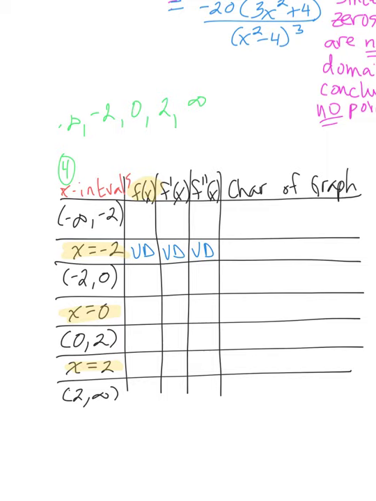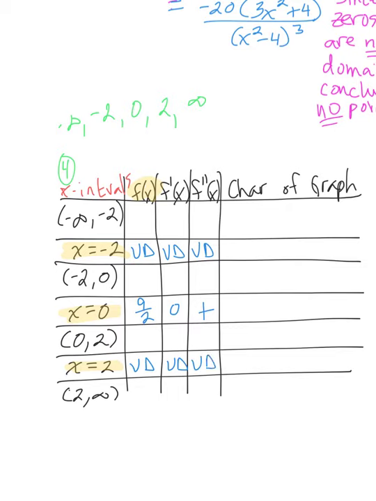And then at x equals 0, we've already substituted that in because that was our y-intercept. And then into the first derivative is 0, and into the second derivative we'll get a positive value. And then for x equals 2, that is undefined on all three because that's part of the denominator.